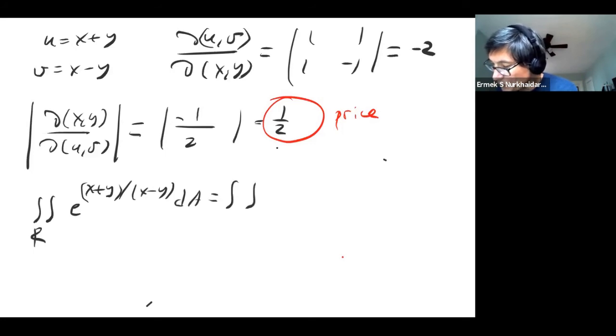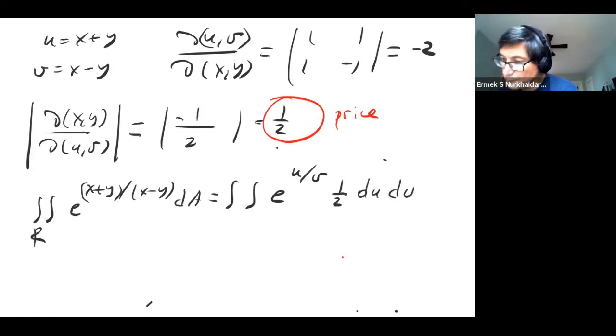Now we're ready to switch. x plus y is u, x minus y is v, 1/2 e to the u over v du dv. u is changing from negative v to v. v is changing from 1 to 2. And that's how we set up the integral. And the integral itself is not too bad.